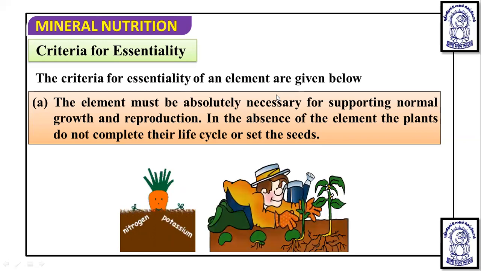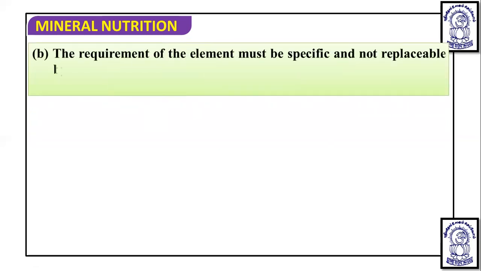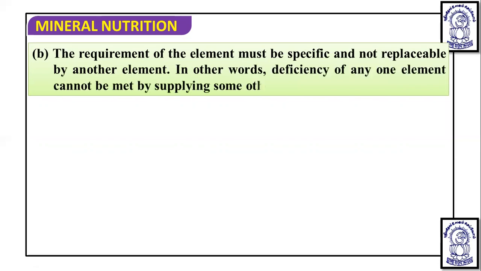The second one is that the requirement of the element must be specific and not replaceable by another element. In other words, the deficiency of one element cannot be corrected by applying some other element. Suppose a plant has a deficiency of magnesium and we supply iron.